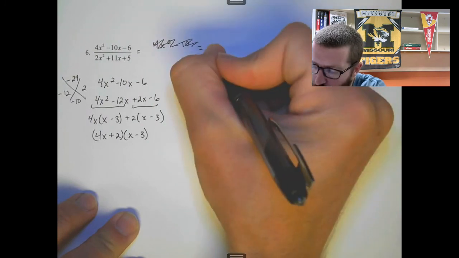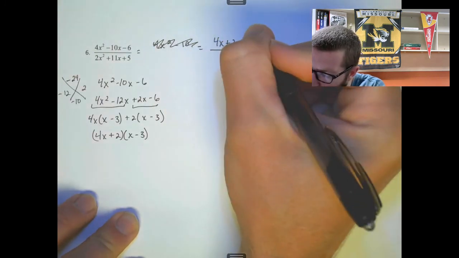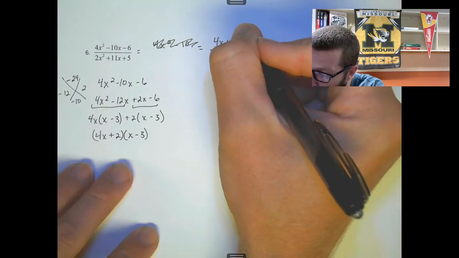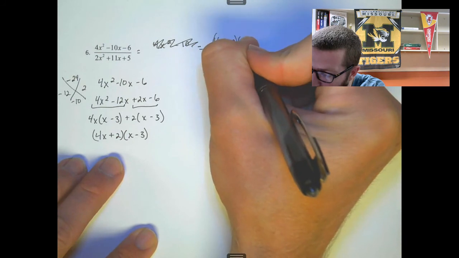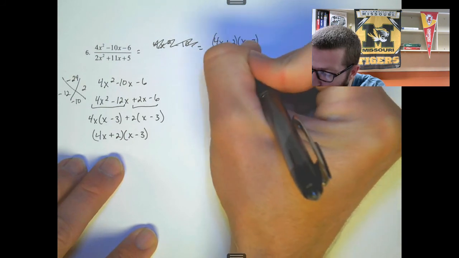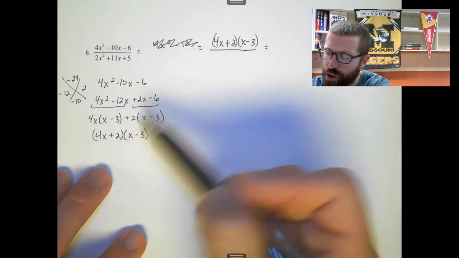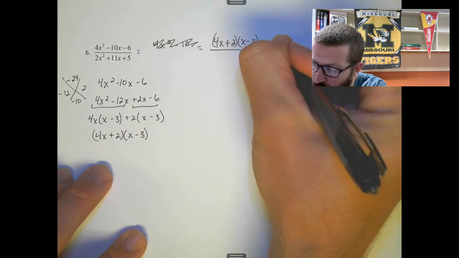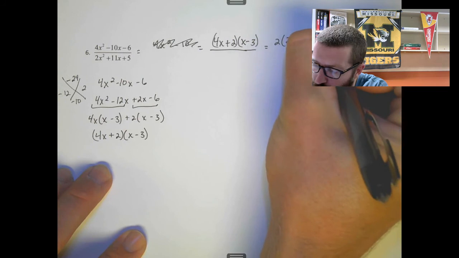Okay, so on top, let's write 4x plus 2. Oh, I forgot my greatest common factor, times x minus 3. And then you can take a greatest common factor out. I should have done that first. It would have made my problem a little easier. But these have a 2 in common, so I can take out a 2 from that first parenthesis and make it 2x plus 1 times x minus 3.